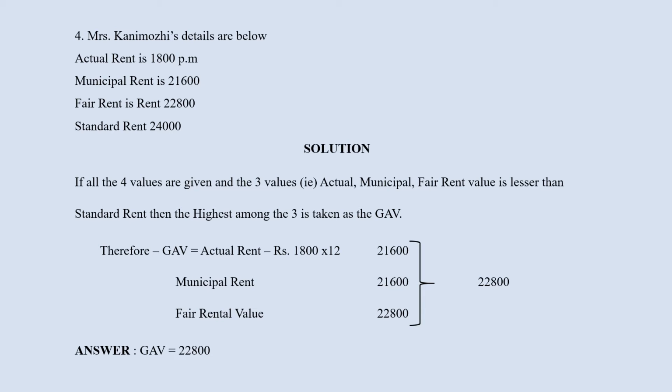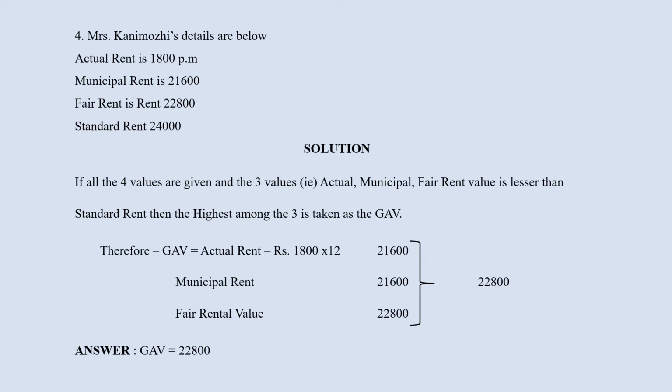So when all four are given to you, always see whether actual rent is more than the standard rent. Now actual rent is 1,800 per month. So when you calculate it for a year, it is 21,600. Now in the previous sum we saw if the actual rent is more than the standard rent, we said actual rent will be treated as the gross annual value. But in this sum, actual rent is less than the standard rent.